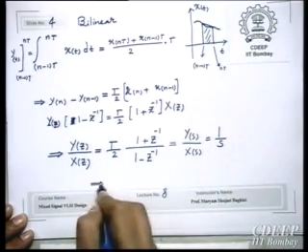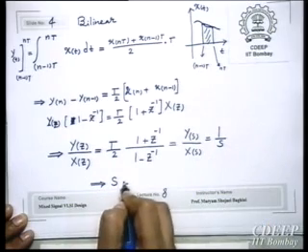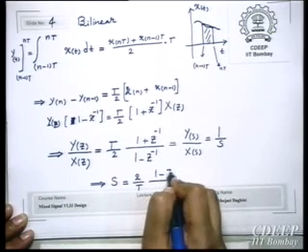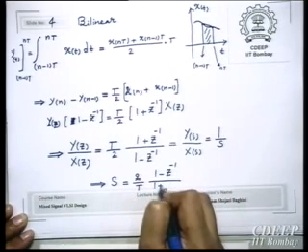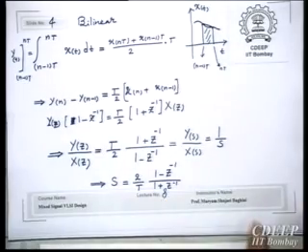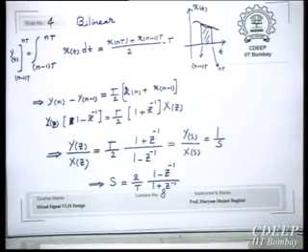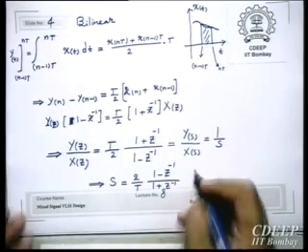Therefore, this will give us the approximation: s is equal to 2 upon T times (1 minus z inverse) upon (1 plus z inverse). So this is a very useful transformation.